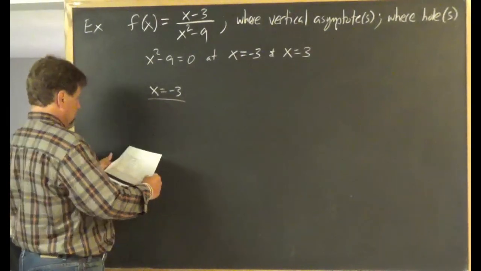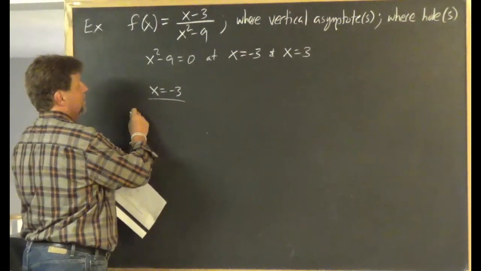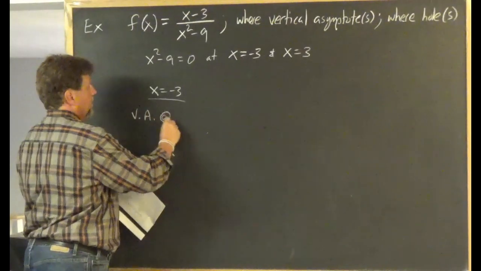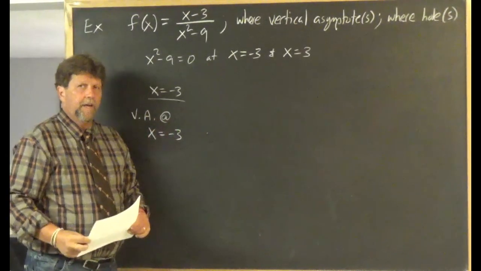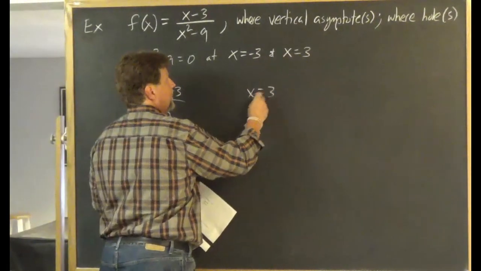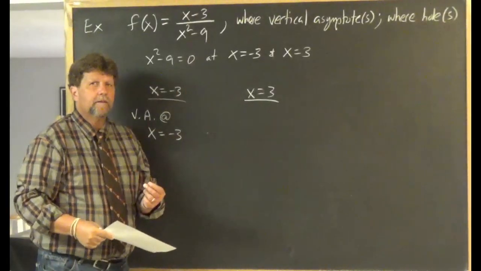That tells me we have a vertical asymptote at x equals negative 3. For x equals 3, that makes the denominator 0. What about the numerator?